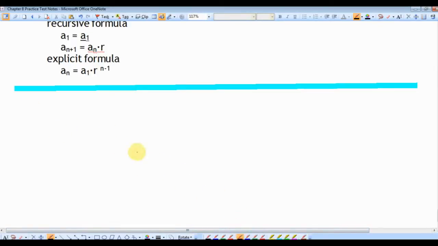Number 1, let's take a look at this. Let's go ahead and write this. We got 1, 1.5, 2.25, 3.375. So it certainly looks like the function's growing.